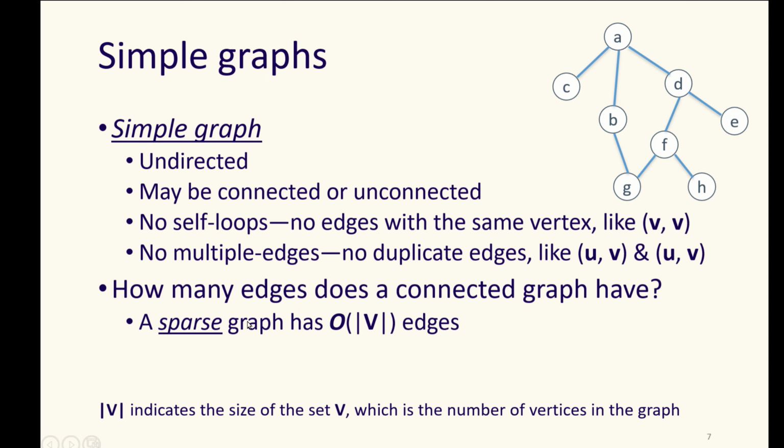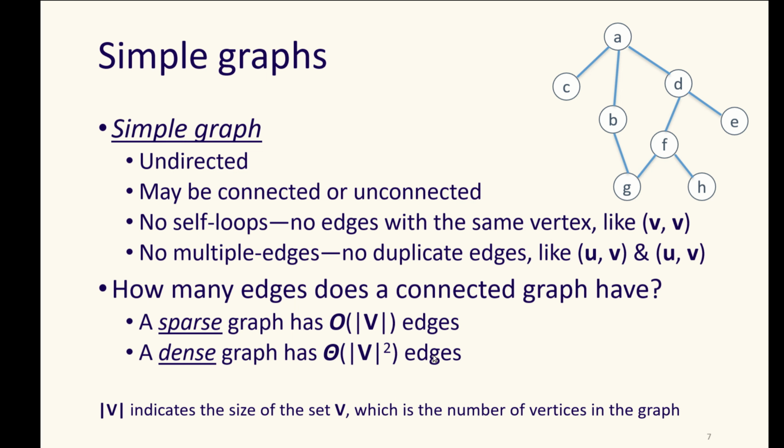So a sparse graph will have edges that are on the order of the size of V. A dense graph has on the order of the size of V squared edges, meaning that if lots of the edges are connected to each other, and in fact if all of the edges are connected to each other, then we're going to be in this cardinality of V squared situation there.